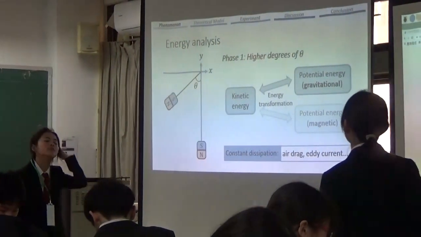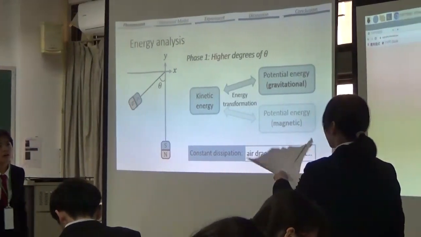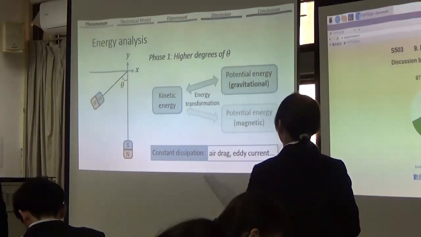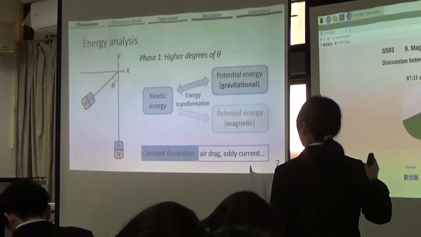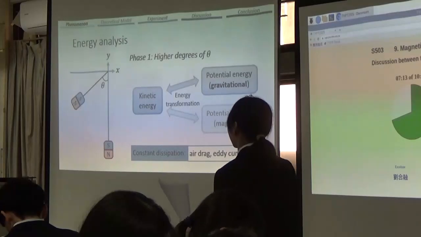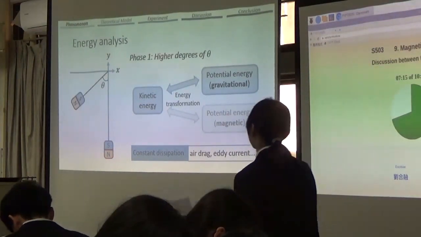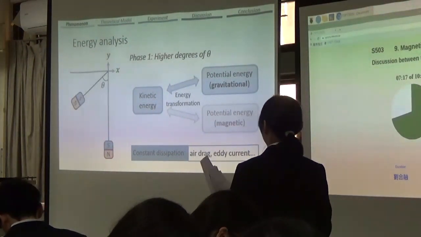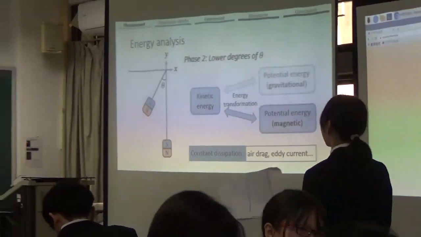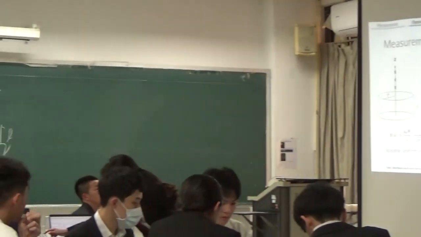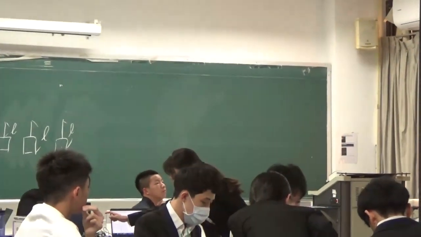Okay, so I don't think this one is right, because the gravitational potential energy is transferred to kinetic energy, but there's other energy like magnetic energy, right? So it cannot be used to assume that it is a single pendulum, right?